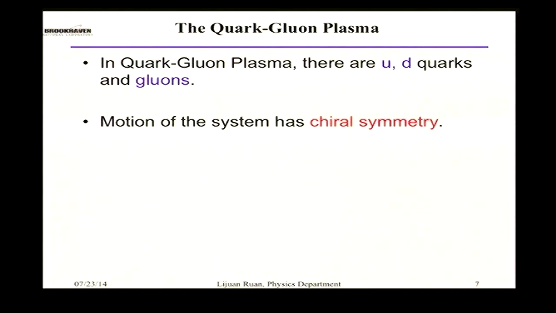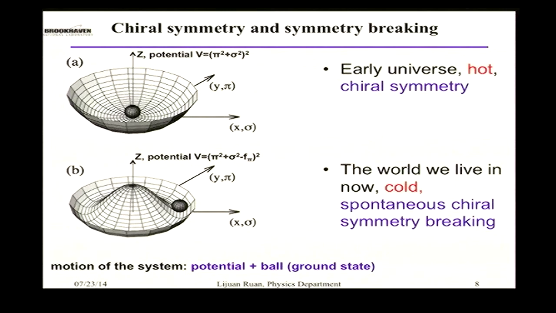Now, in the next few slides, I will talk about chiral symmetry and its breaking. As I said, the early universe is very hot and dense, and there is chiral symmetry. If you look at this plot, it shows you the potential, the z-axis is the potential as a function of x and y, and the potential is given by this formula.